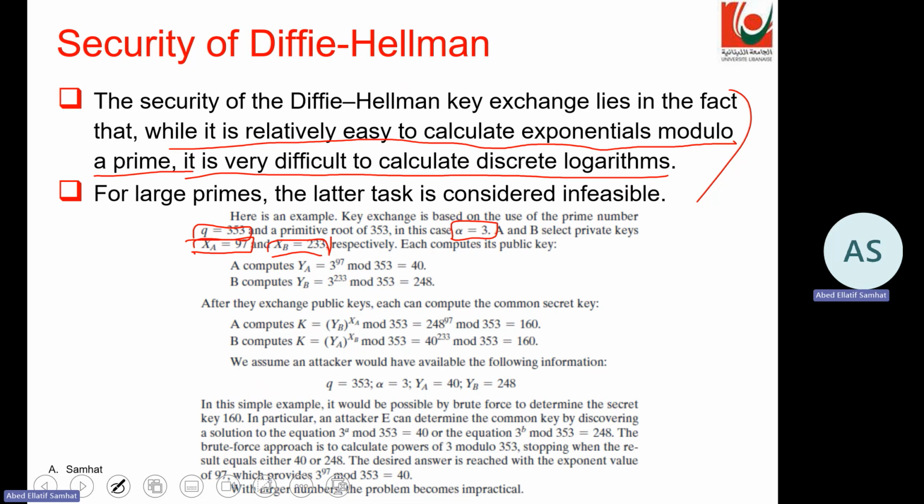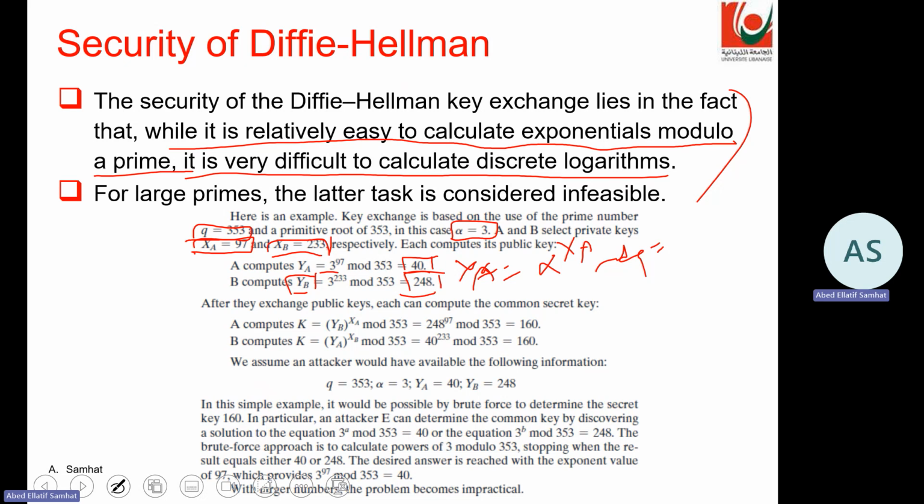YA equals alpha to the power XA mod q, which is 3 to the power 97 mod 353, equal to 40. Bob computes YB, which is alpha to the power XB mod q, and it is equal to 148. At this level, Alice will send YA to Bob, and Bob will send YB to Alice.